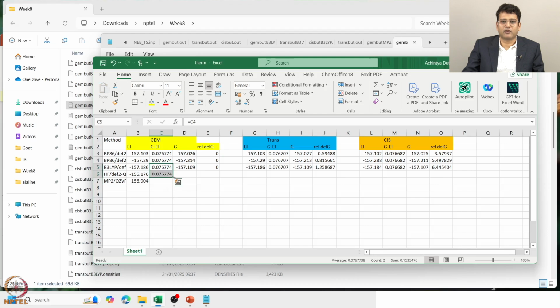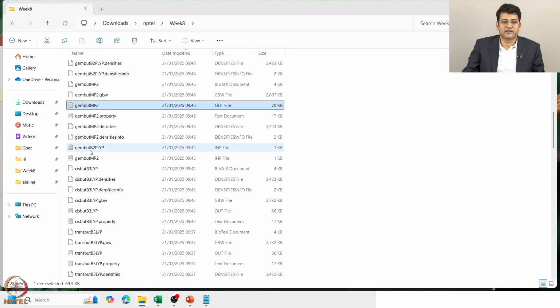I add the contribution from the thermal, rotational and vibrational modes and get the total free energy. Of course, the relative free energy would be 0. Let's do the same thing for the trans isomer.